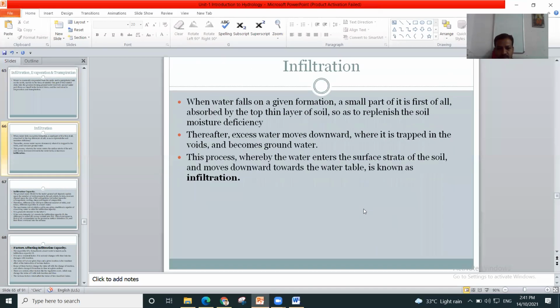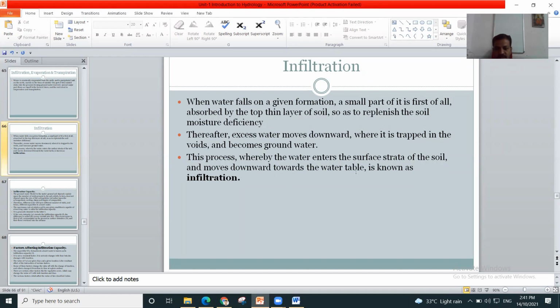So this process by which water enters the surface of the earth and it moves downward towards the water table.